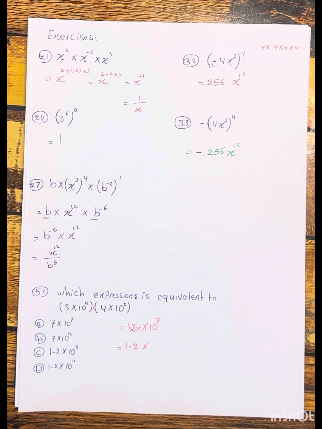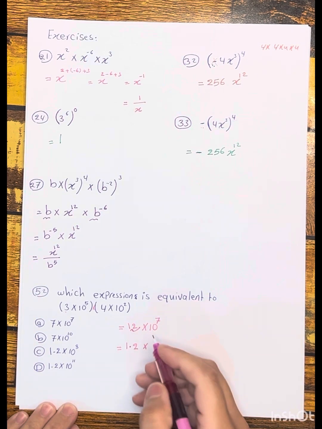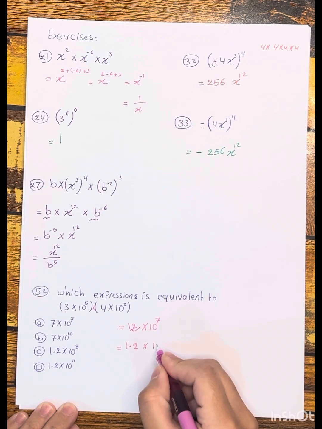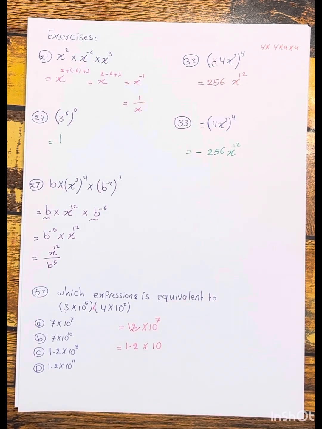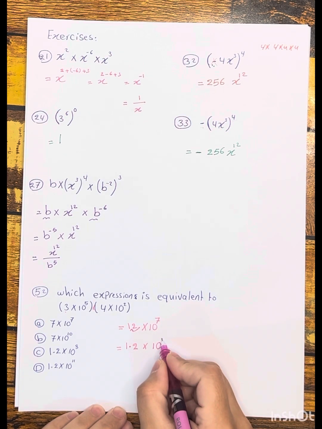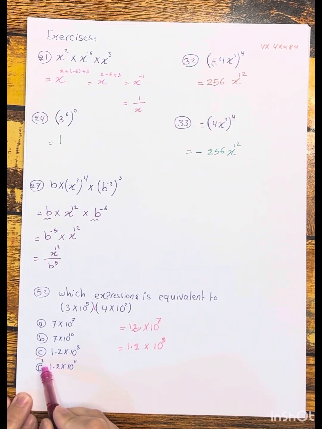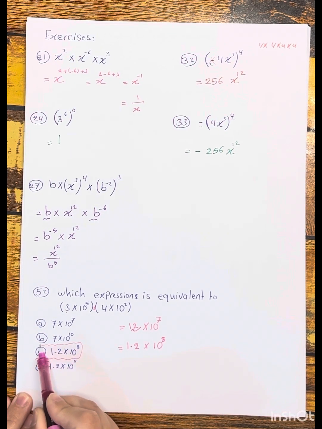So 1.2 is between 1 and 10. Then, because we changed this 12 to 1.2, so we need to add the powers. Because we make a big number small, so the power will add. It will be 10 to the power of 8. So C is correct answer.